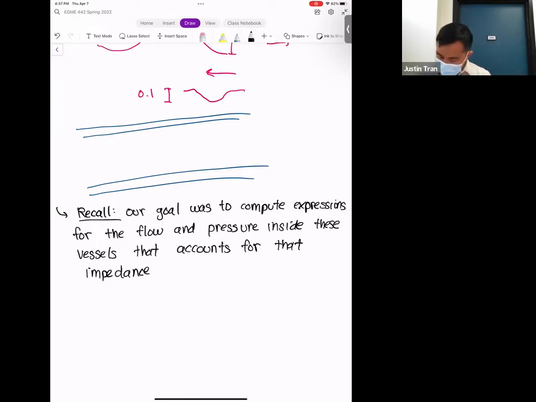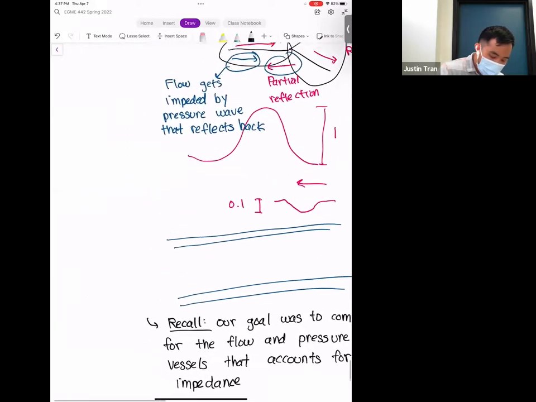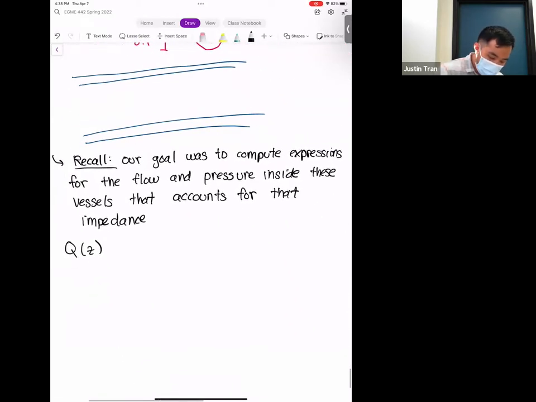In other words, we want an expression for Q of Z and P of Z, as a function of the centerline coordinate in the vessel, to find out how the flow varies and how the pressure varies, accounting for these impedances.